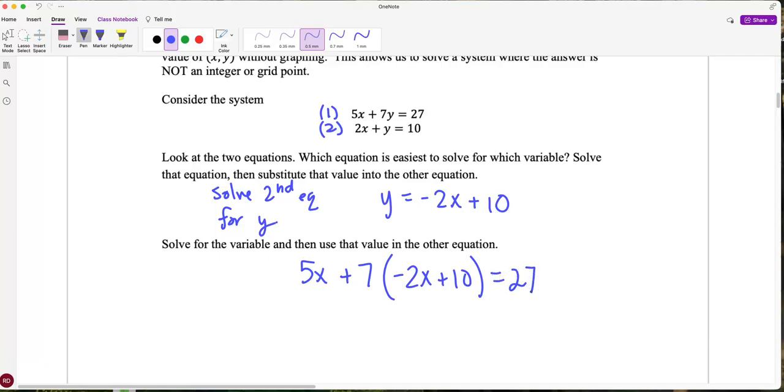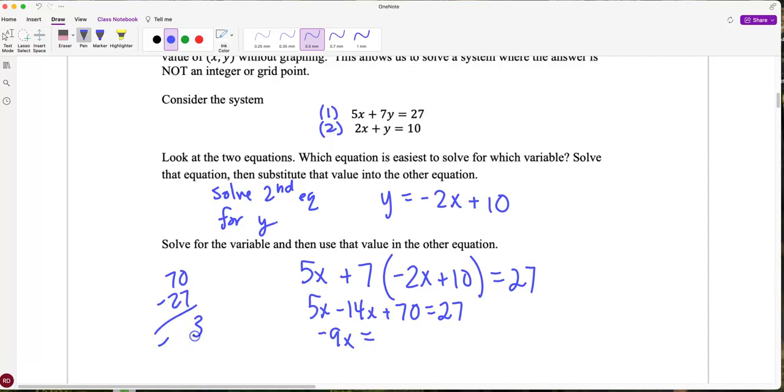All I did is substitute that value of y, so you get 5x minus 14x plus 70 equals 27. So this is negative 9x equals 27 minus 70.